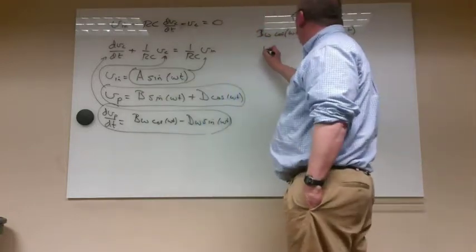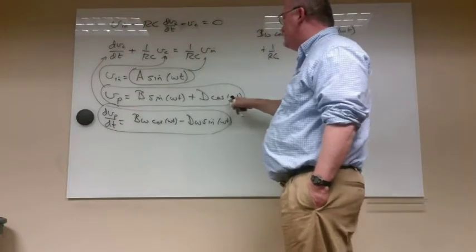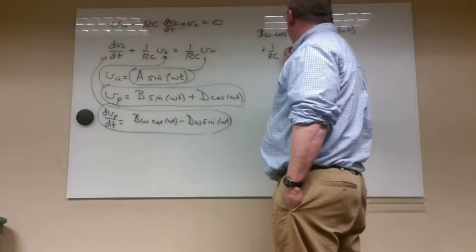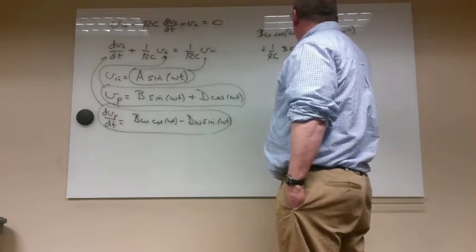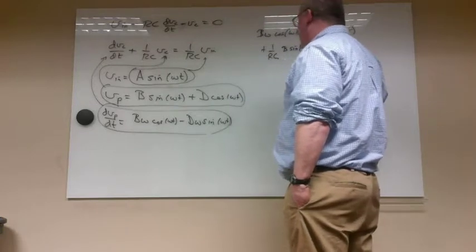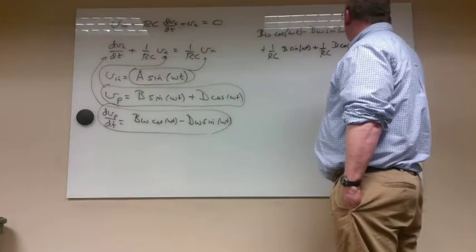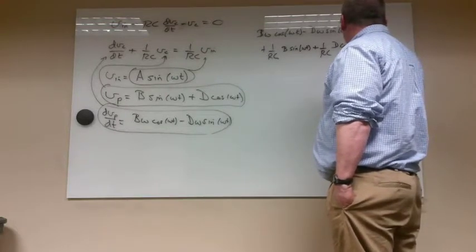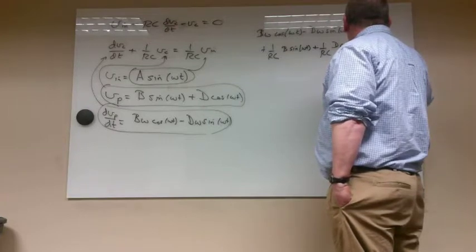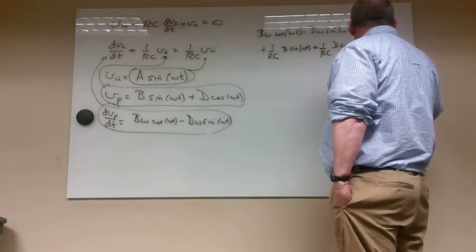So we go plus 1 over RC times this particular solution. Well, now we've got this B sine of omega t plus, and I'll do the other, 1 over RC times D cosine of omega t, and all this is equal to 1 over RC times A sine of omega t plus 0 cosine of omega t.